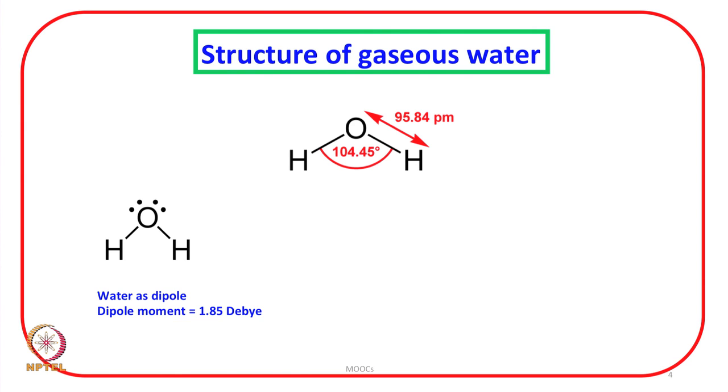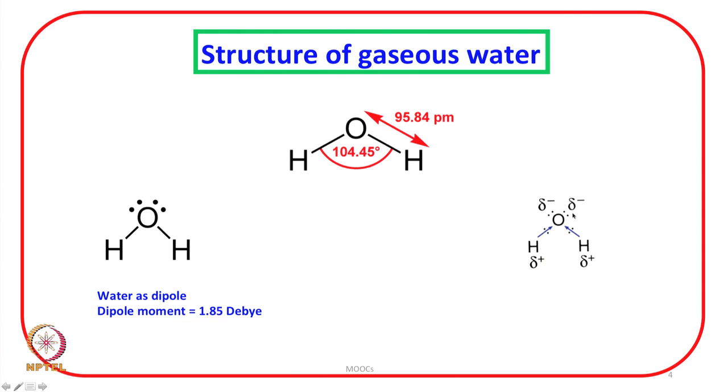However, if you closely examine this structure, there are two lone pairs. I can assign a small delta negative charge on this, a small delta negative charge on this, delta positive on this, delta positive on this. So, therefore, I can also treat water as a quadrupole.